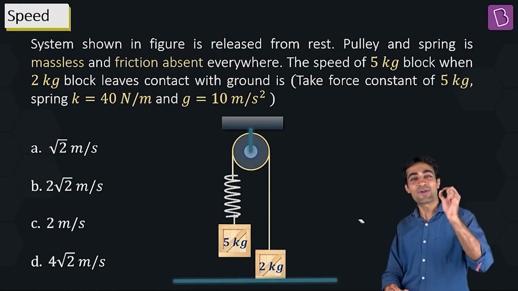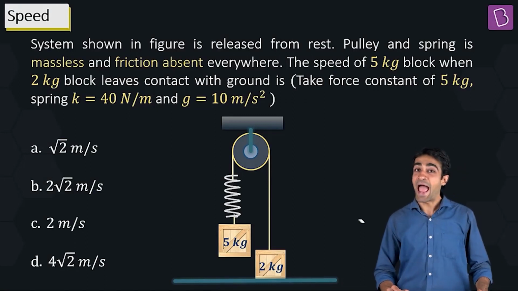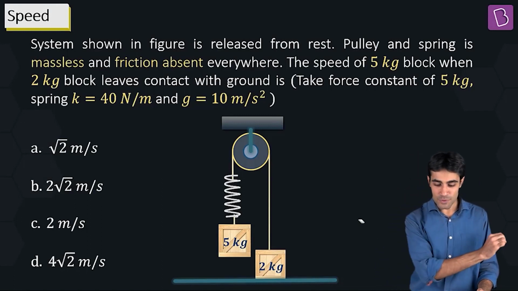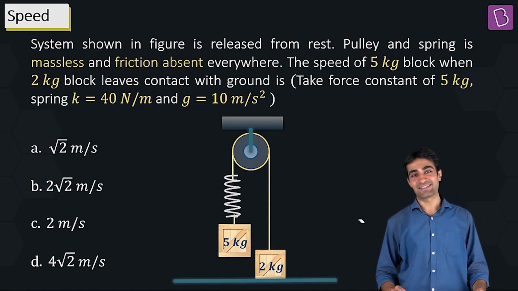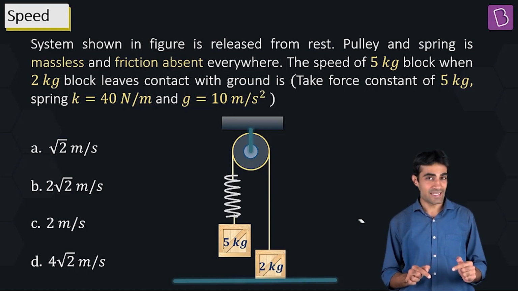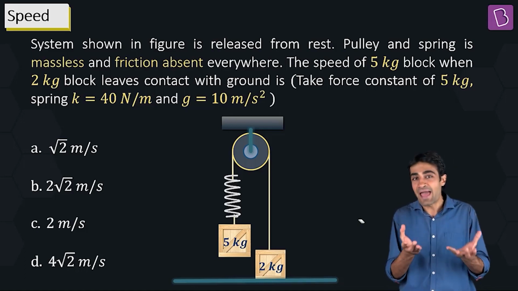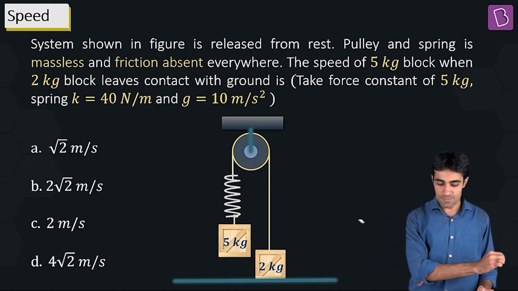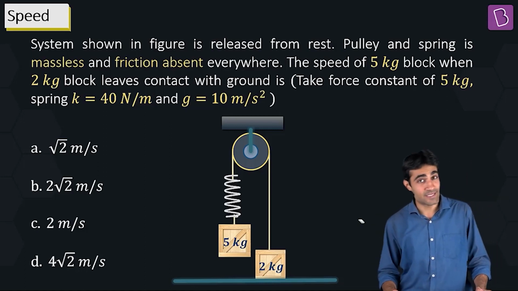Here is an incredibly interesting problem, and I'm sure we are going to enjoy it. The system shown in the figure is released from rest. Now, this 5 kg block you can see was actually held in the air at rest, and we release it now. Pulley and spring are massless and the friction is absent everywhere.